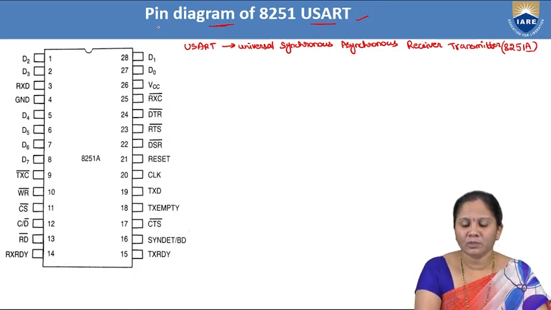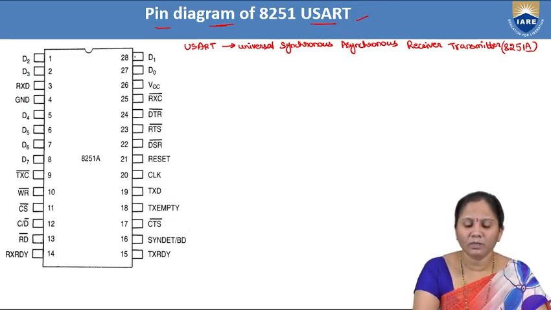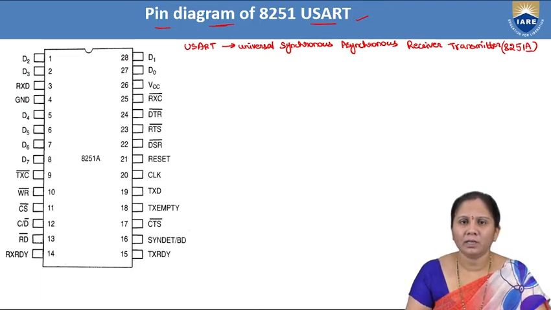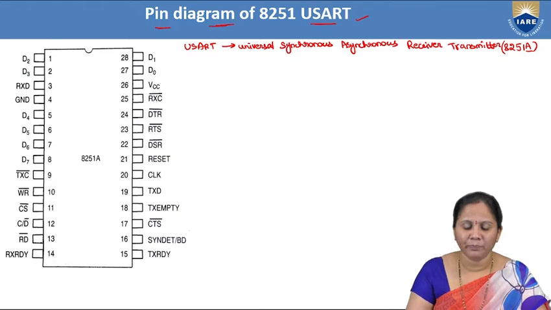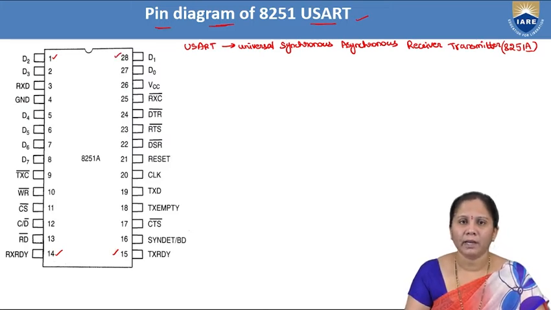In the features of this 8251, we have studied that it consists of 28 pins. Here, pins 1 to 28 are arranged in the dual inline package. We have pins 1 to 14 on one side, and from the 15th pin to the 28th pin on the other end.